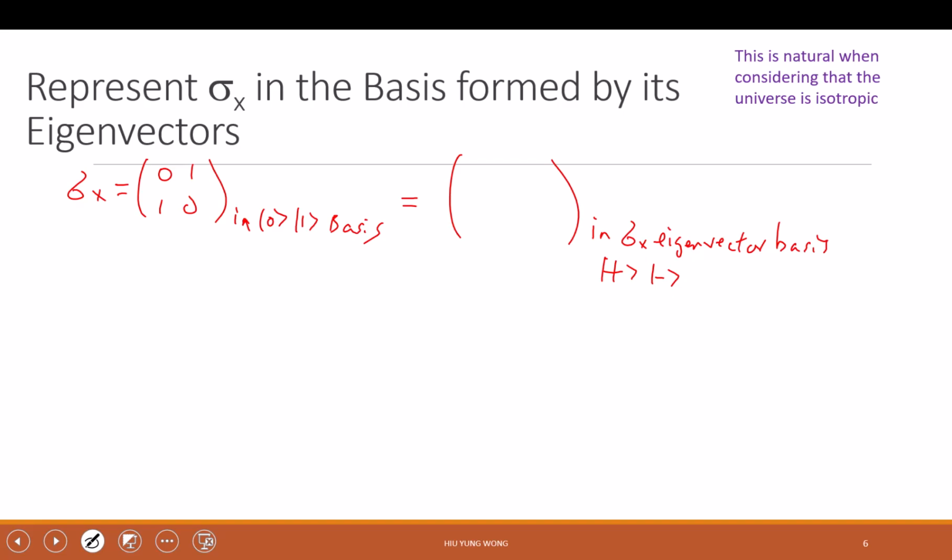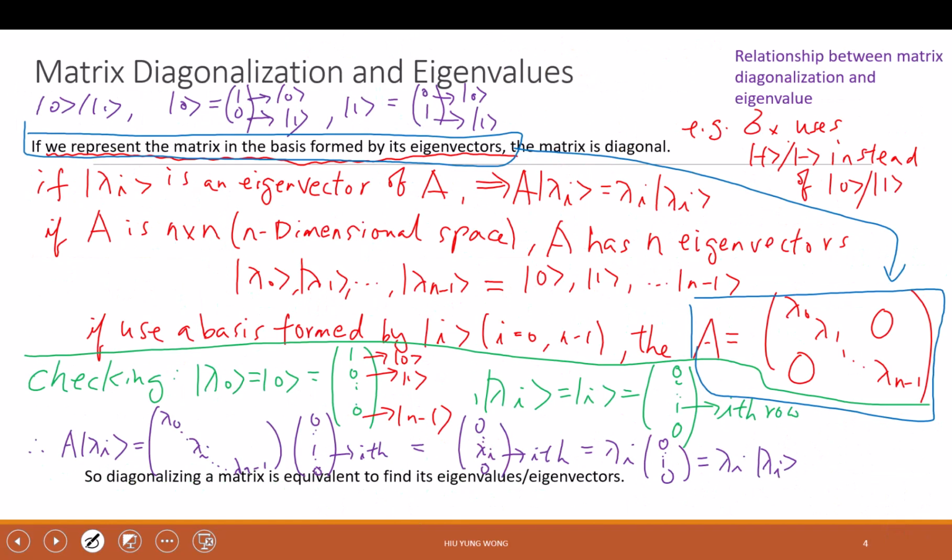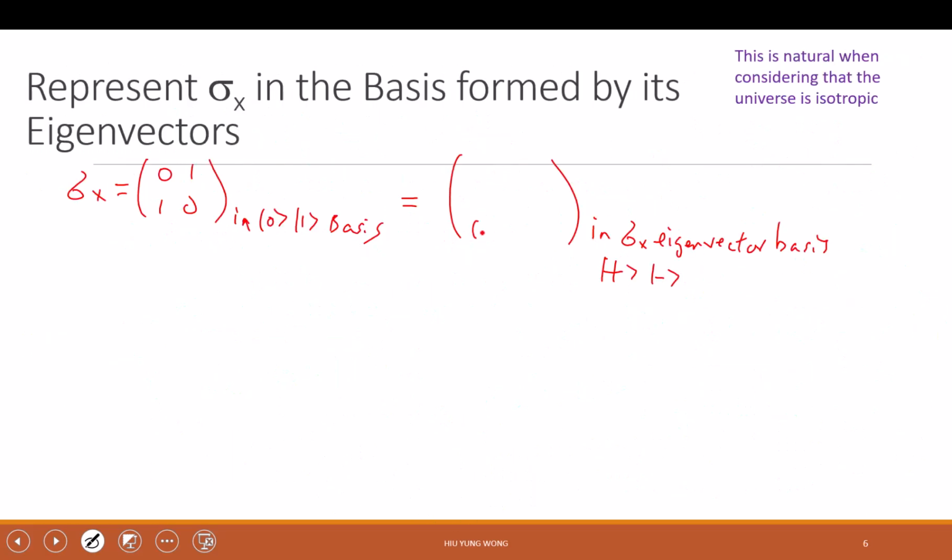First of all, if you write it in its eigenvector basis, what happens to the matrix? Diagonal, yes. So it means 0, 0 off the diagonal.